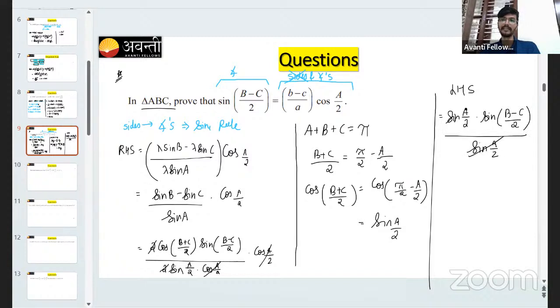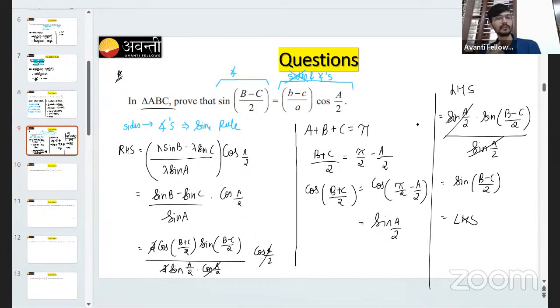And you can see clearly this will get cancelled. So I'll be left with sine (B minus C) by 2, which is equal to LHS. Hence proved. So again, it becomes very simple if we just see the question in terms of angles and sides.